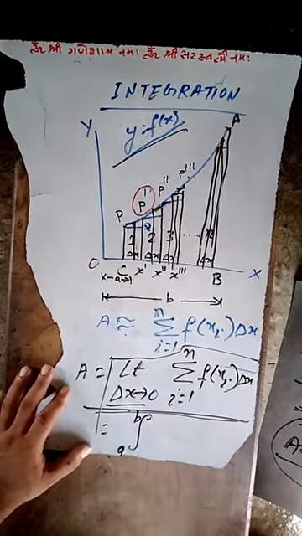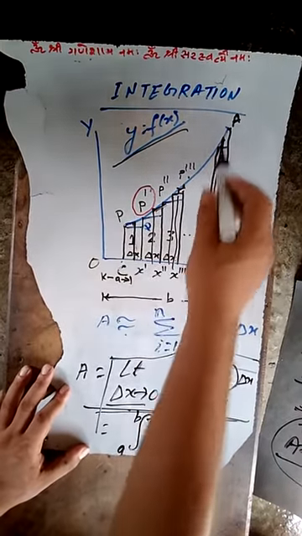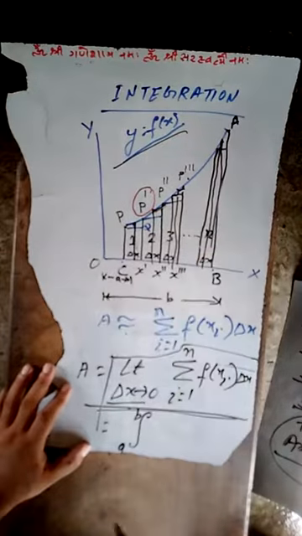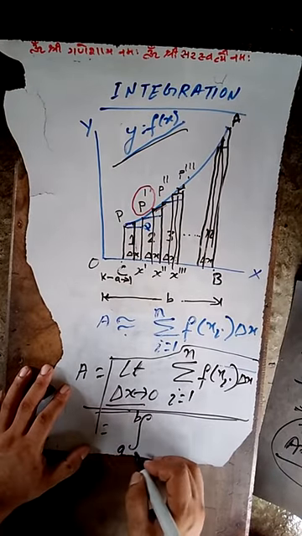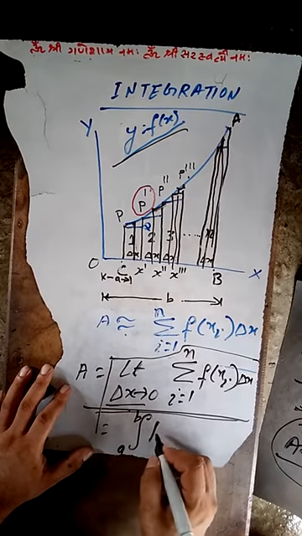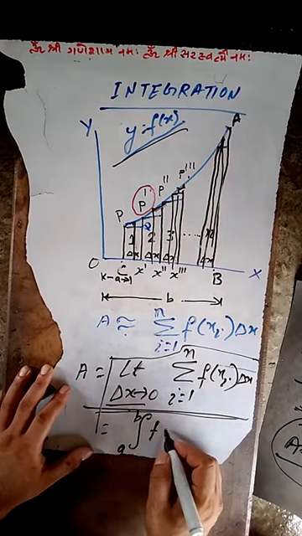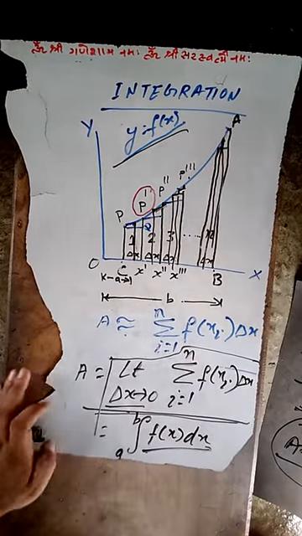From a to b we are going along the curve. That's why we take the lower limit a and upper limit b, and the area under the curve A we represent as integral of f(x) dx, and this is your integration.